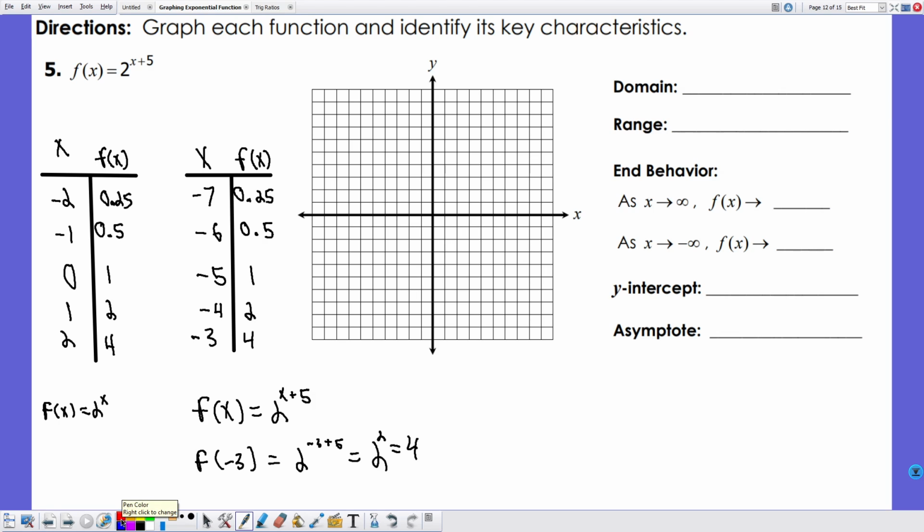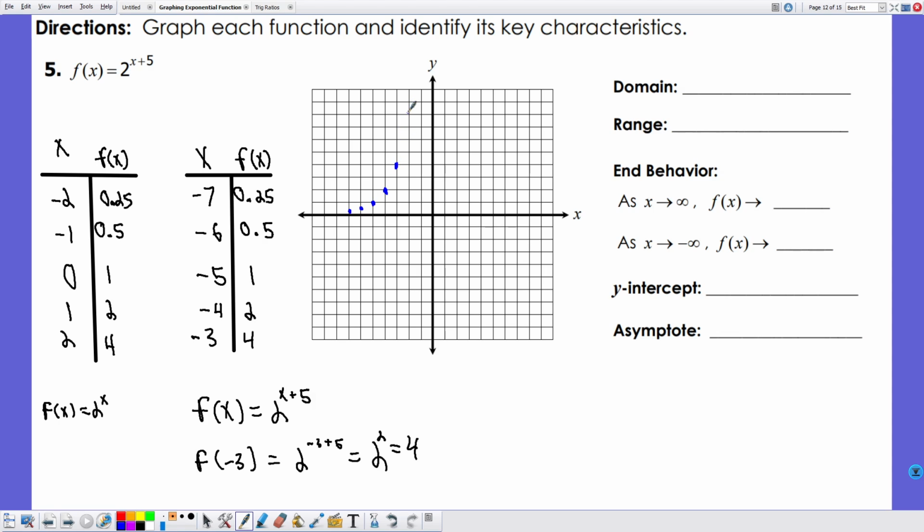So at -7, so 1, 2, 3, 4, 5, 6, 7, we're at 0.25. Then we're at a half. Then at -5, we're at 1. At -4, we're at 2. At -3, we're at 4.